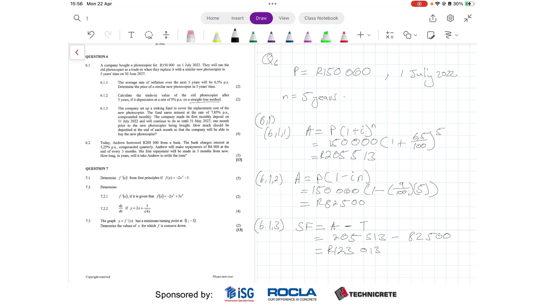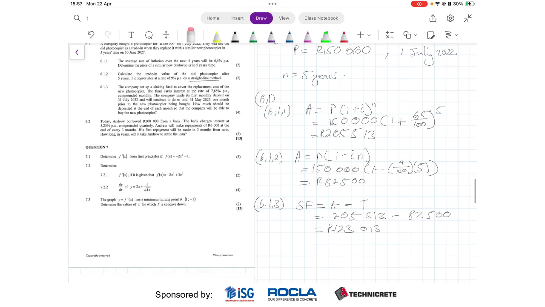Why? Because we are looking for the installment that is going to be paid to cover the future value of the item, and we already know what future value is going to be covered. It's going to be the sinking fund amount, which is 123,000.